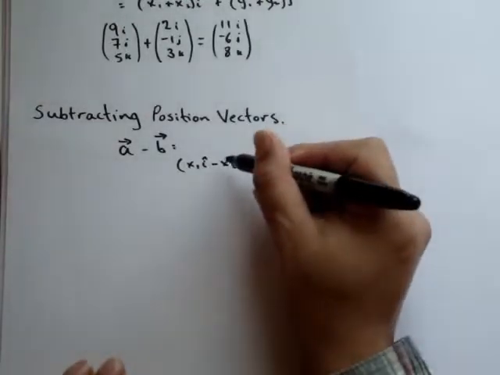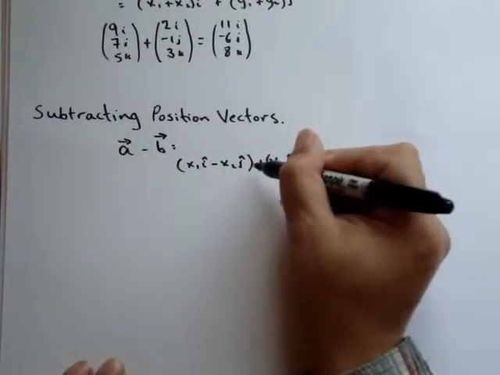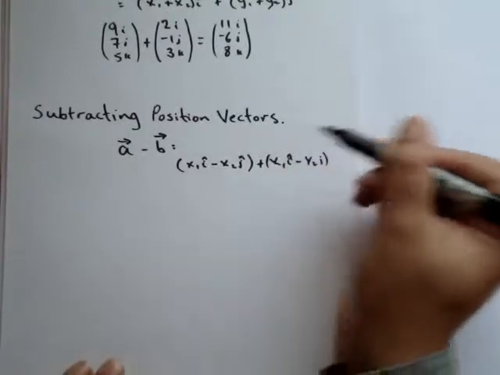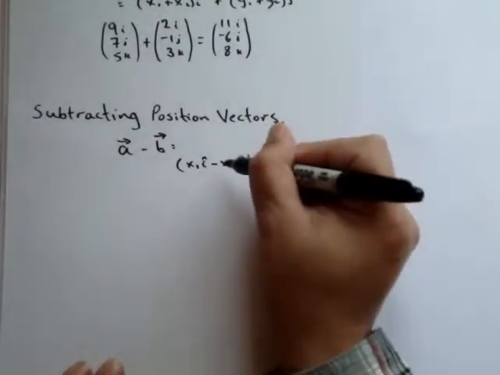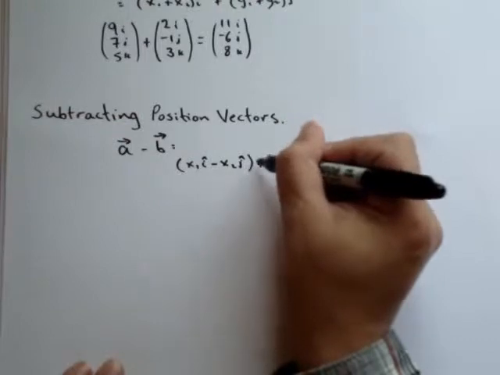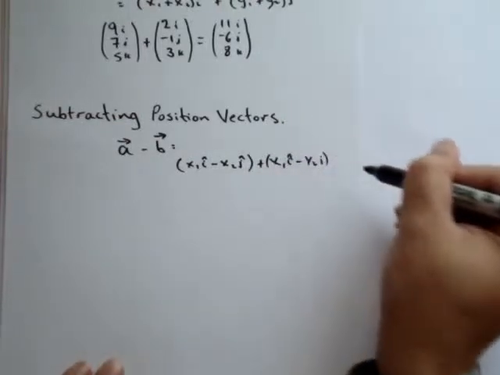We can actually move the i outside, so we get (x1 minus x2)i and (y1 minus y2)j.